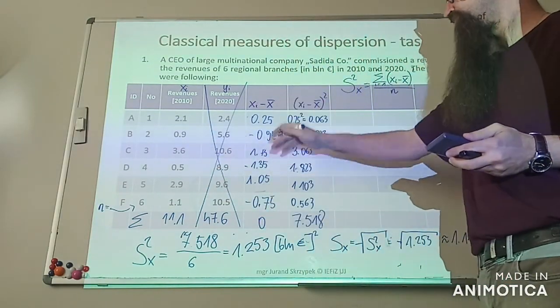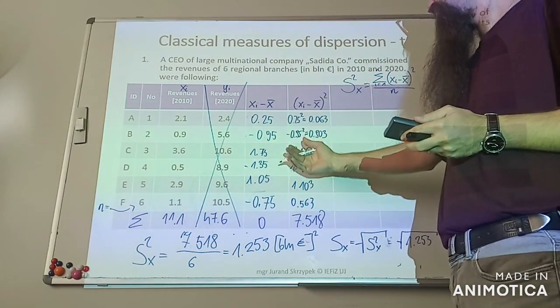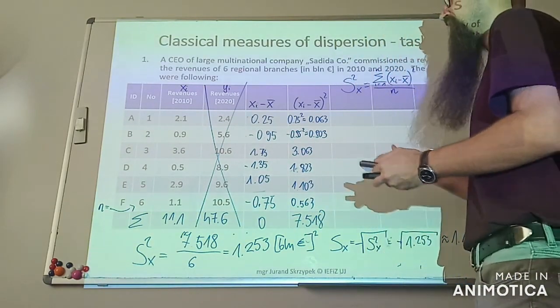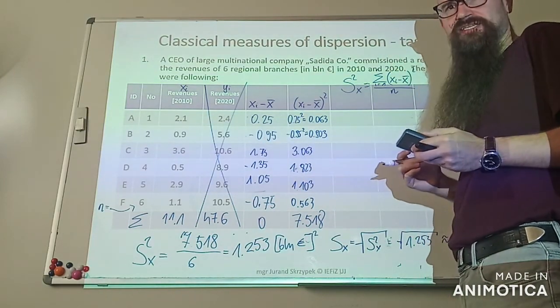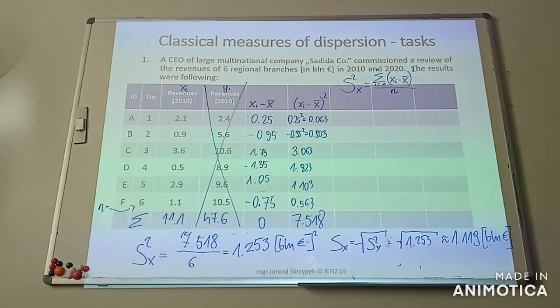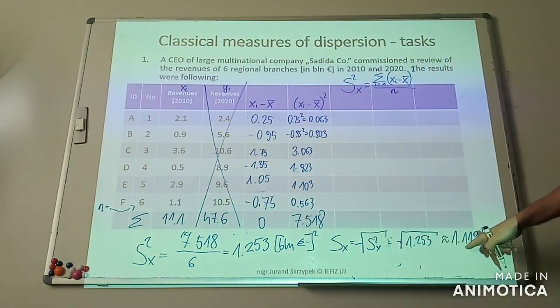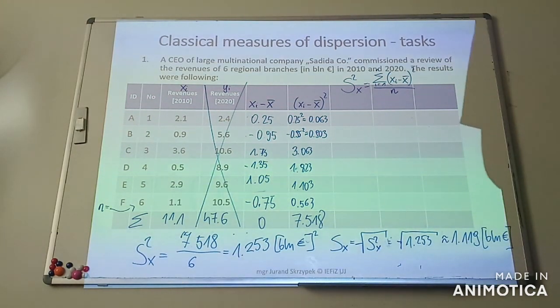Some of the deviations were positive, some were negative, but you are looking for one synthetic value that expresses the phenomenon. The phenomenon is called the average deviation of the revenues values from the mean, and the average deviation of the revenues in 2010 is about 1.119.